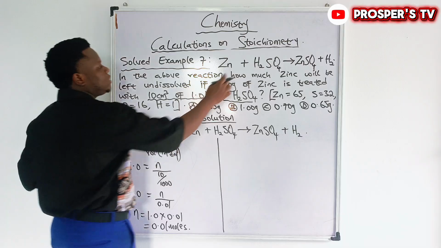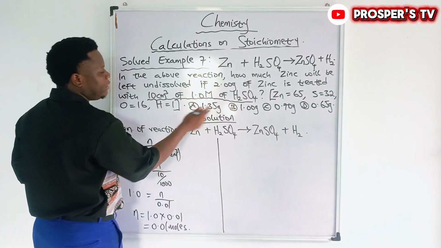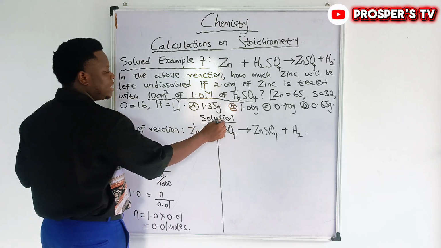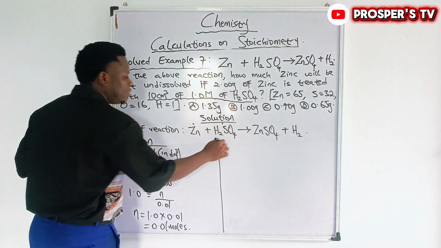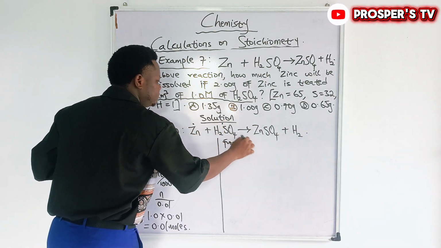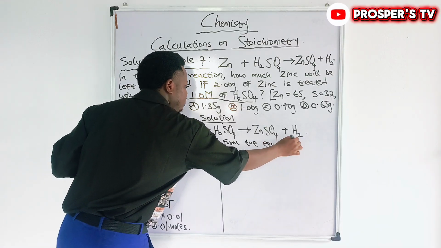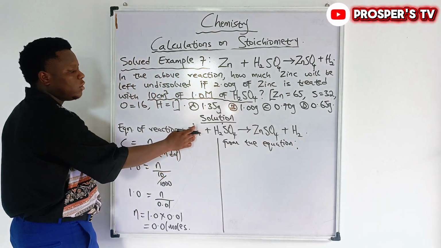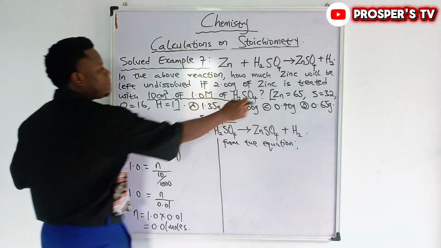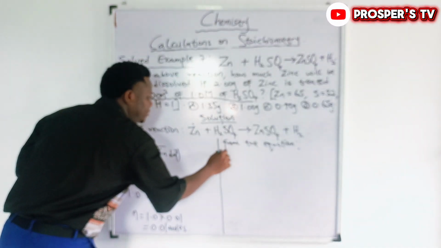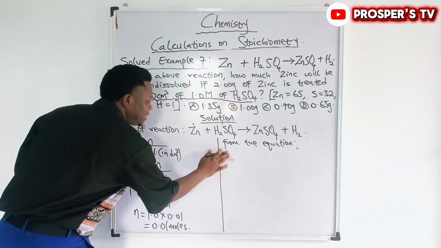So this question said how much zinc, and then our options are expressed in grams. So we're concentrating on zinc and then H2SO4. So say from the equation, so we're expressing zinc in terms of mass. So the mass for zinc now is what? 65. What's the molar coefficient?